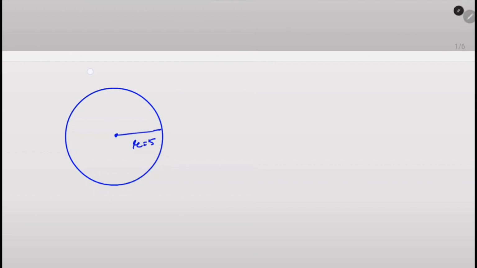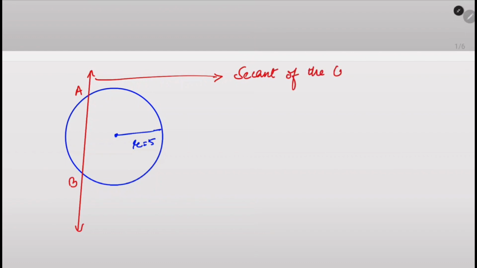Now if I am drawing a line segment cutting the circle like this, intersecting circle at point A and point B, so now this line segment will be called as secant of the circle. For secant of a circle, the line segment should touch 2 points of the circle and intersecting the circle. This is the basic requirement for the secant of the circle.